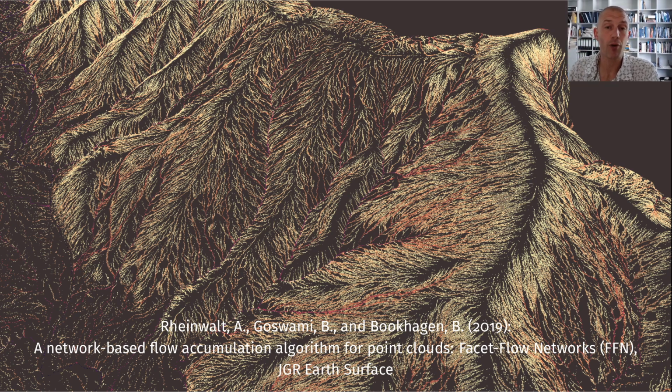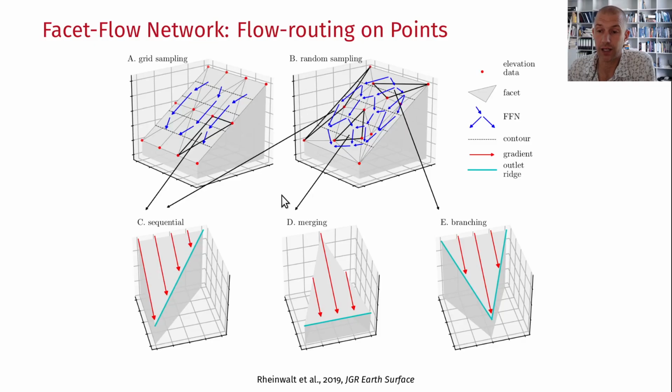You have similar problems in point clouds, and the way this has been solved is by digging tunnels, by creating a network that connects the points. If a point does not have a downstream neighbor, it can look further, in a larger direction, and then create a tunnel.